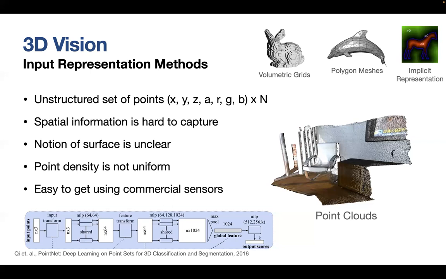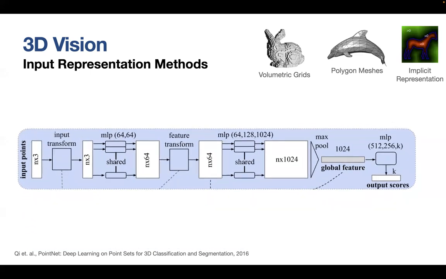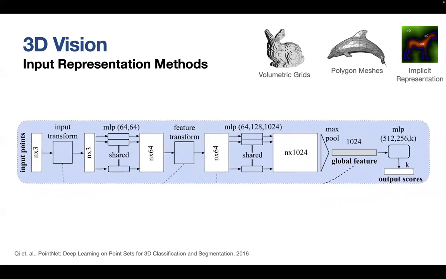And on the bottom of the slide, we see PointNet. This is also one of the most famous 3D architectures, published by the same author as the previous model. We can see this as an object classification model. In the start, we have the input points, which are just m by 3, xyz coordinates for m points.